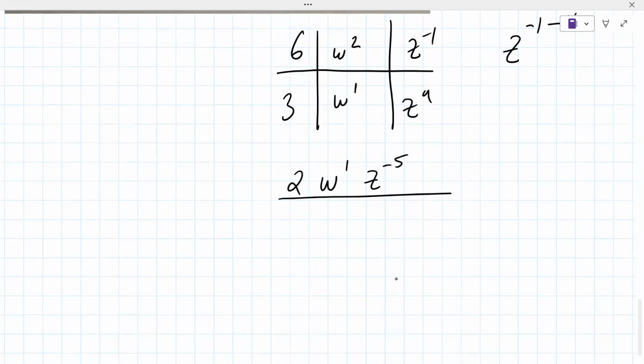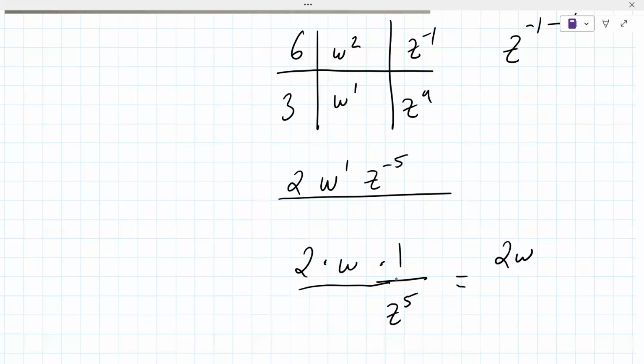So this becomes 2 times W times 1 over Z to the 5th, which is 2W over Z to the 5th. Any questions on that before we proceed?